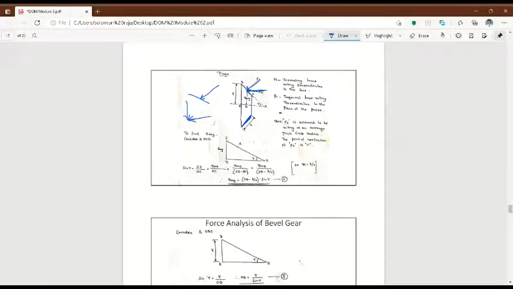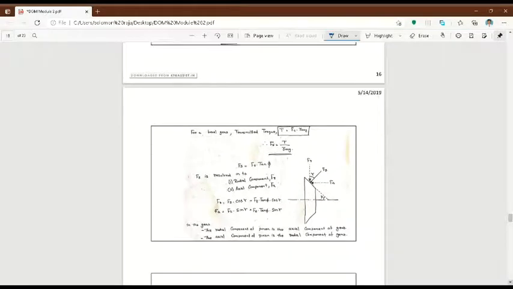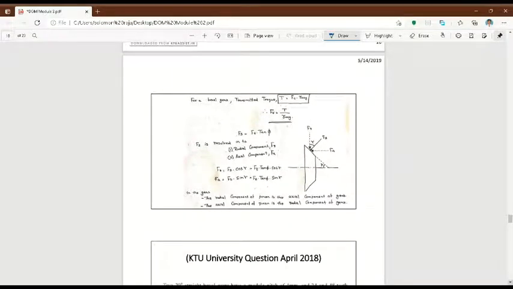The horizontal component is called the axial component. The vertical component is called the radial component.